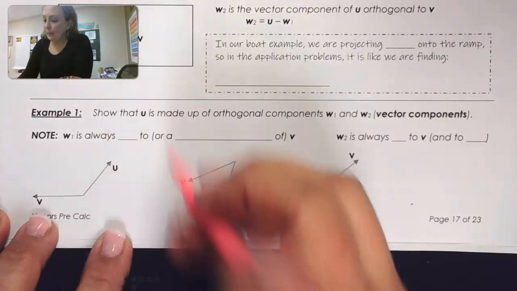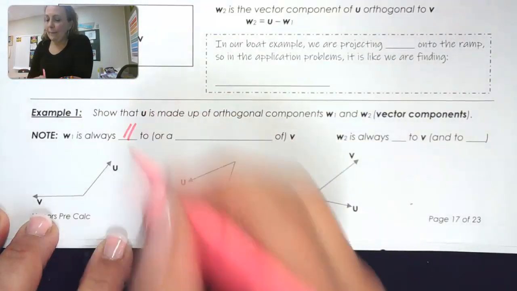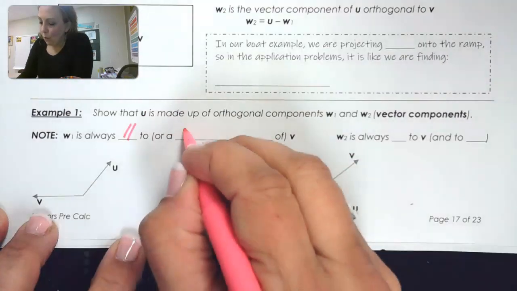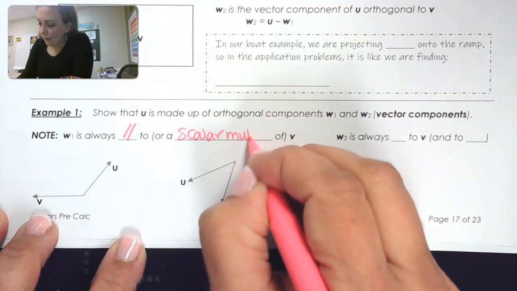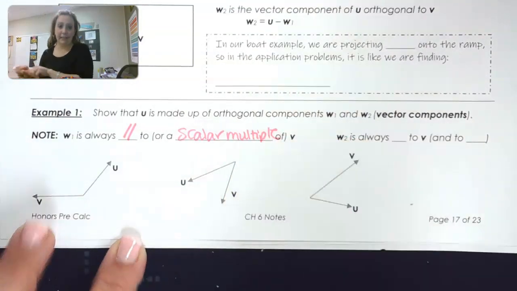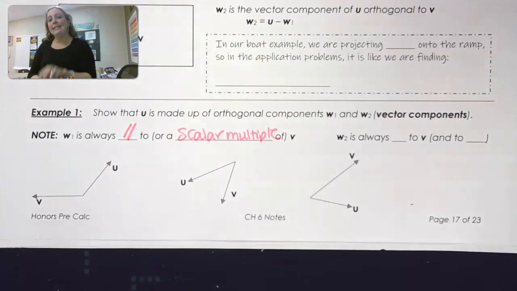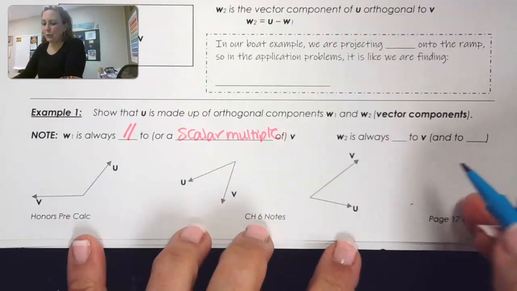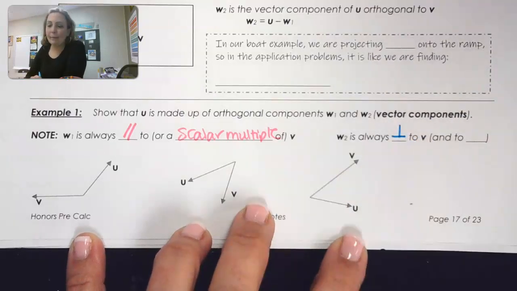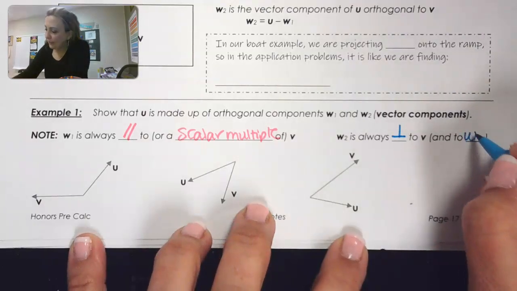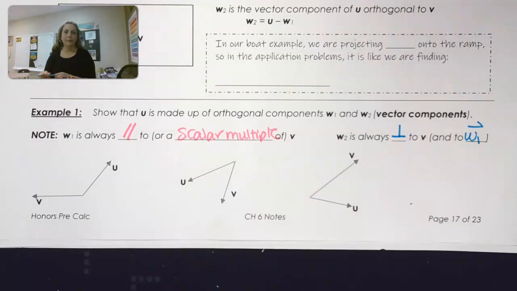Remember, W1 is always going to be parallel to or a scalar multiple of vector v. Even though we talk about W1 first, it's easier visually to draw W2. W2 is always perpendicular to v, and therefore it's also perpendicular to W1.